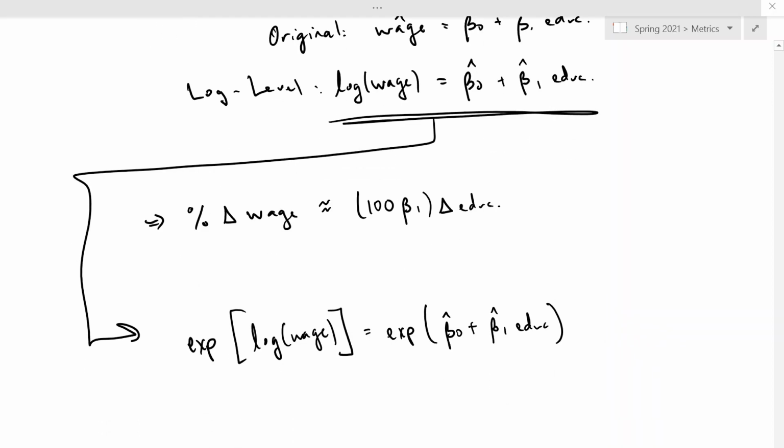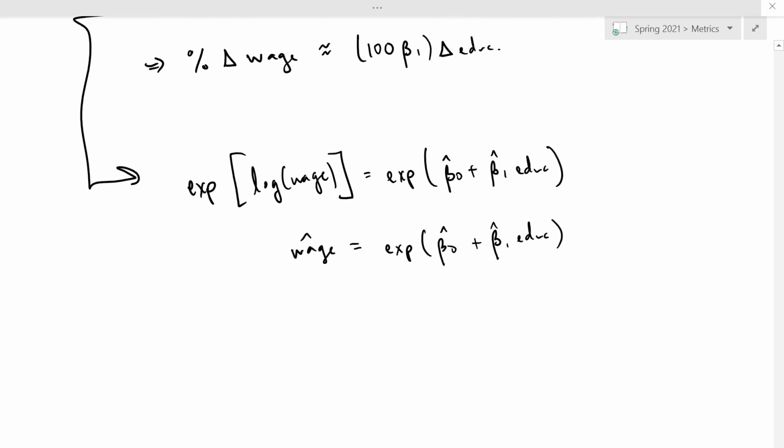And so that goes away, and that says wage is equal to the exponential of beta 1 times education. And that is why we're saying that wage is an exponential function associated with education. And that's why we get this exponential graph here. Y is equal to e to the x is essentially what that is. Except here, x is education, y is wage.